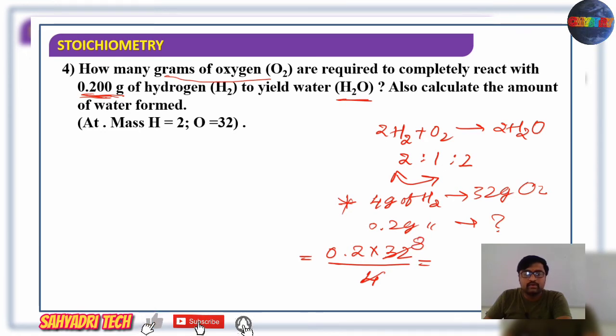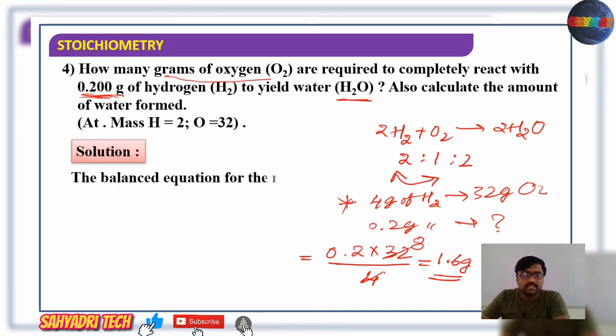So 8 into 0.2, that is 1.6 gram is the answer. How many grams of oxygen are required? It is 1.6 gram of oxygen required to completely react with 0.2 gram of hydrogen.